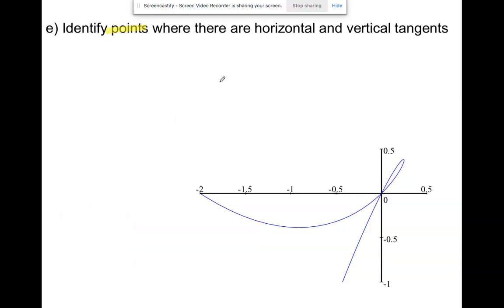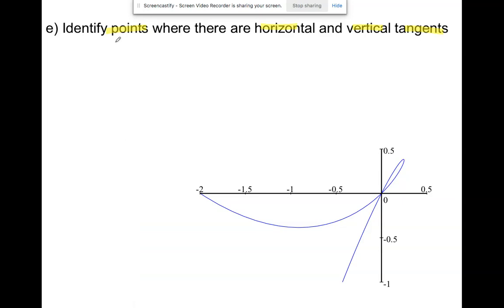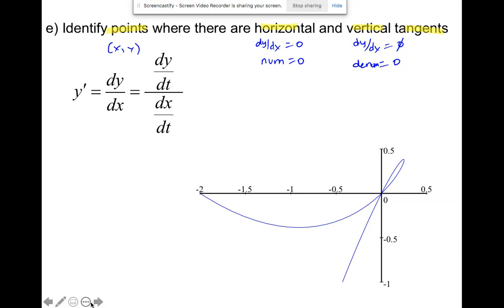Strategize. Points. Horizontal, vertical tangents. Points x, y where dy/dx equals 0 and where dy/dx is undefined. So dy/dx where the numerator is equal to 0, and dy/dx where the denominator is equal to 0. That's how I get the horizontal tangents.